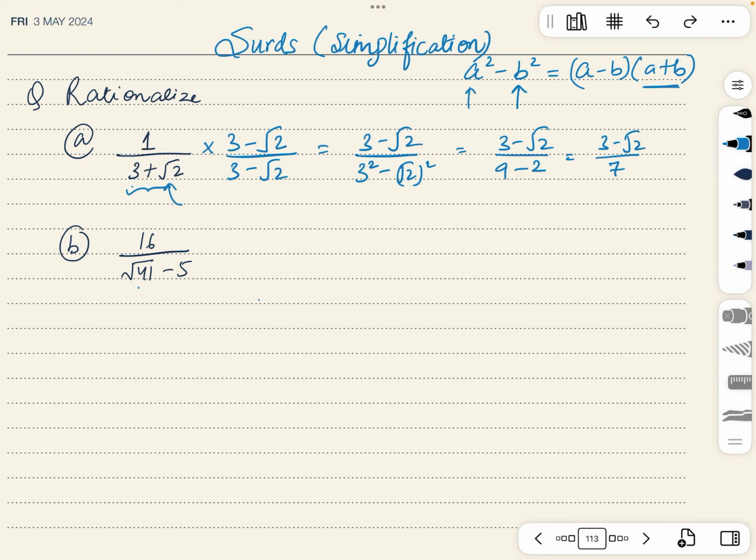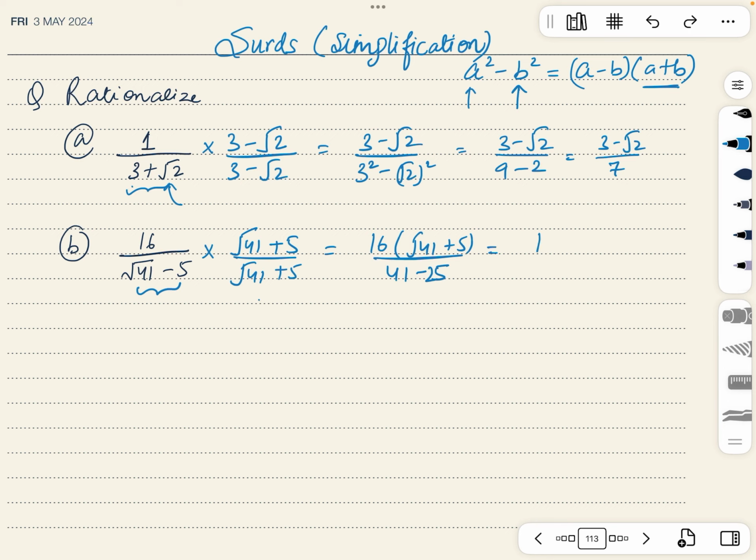Next question. Again, I have this in the form of a minus b. So I will multiply the numerator and denominator by root 41 plus 5 over root 41 plus 5. So I will have 16 times root 41 plus 5 divided by 41 minus 5 square, which is 25.